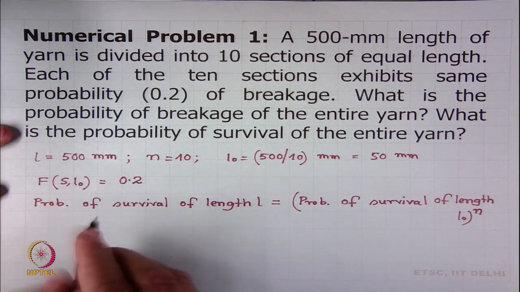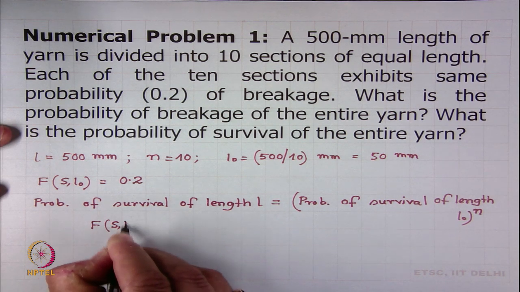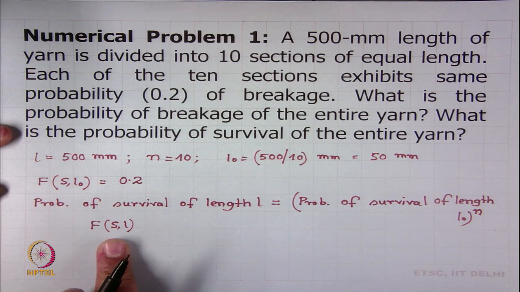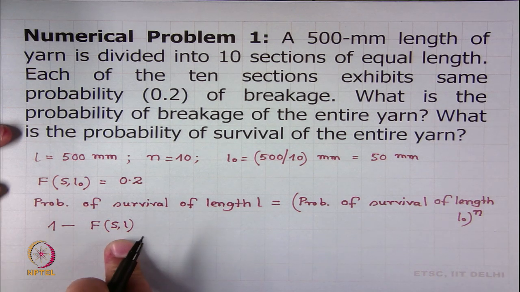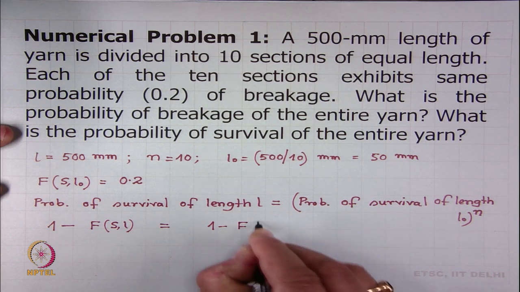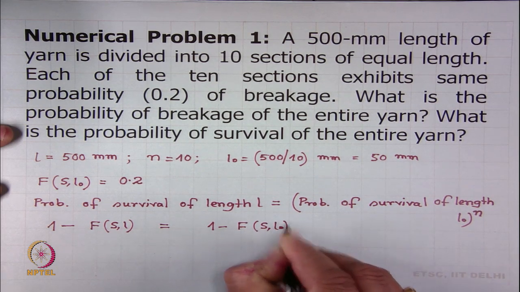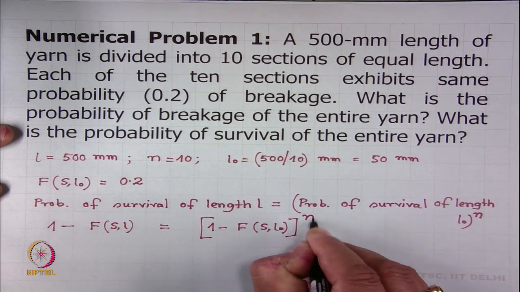So, if F SL is the probability of breakage of a longer length L at a force S, then 1 minus F SL is the probability of survival of the yarn of length L at a force S, which is equal to probability of survival of smaller length L naught to the power n.